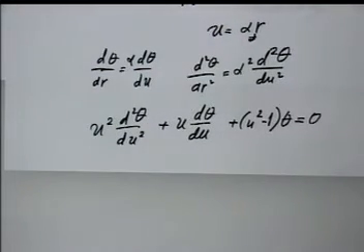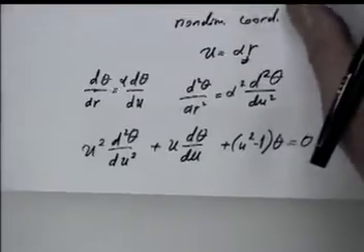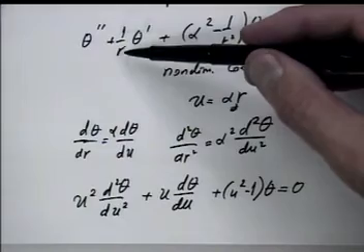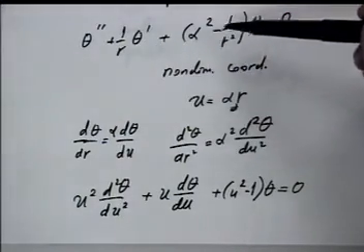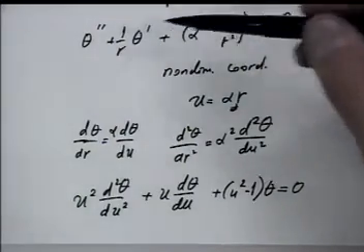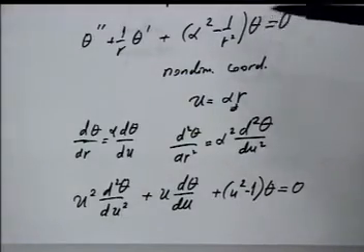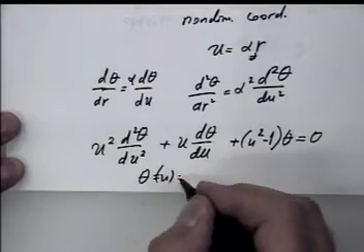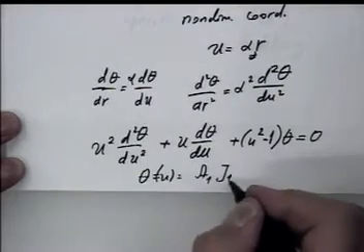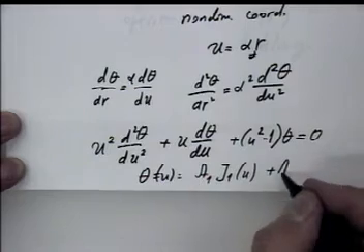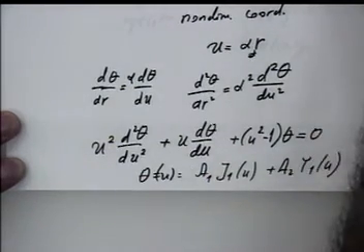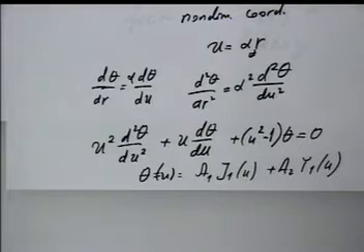So we got this equation, which is naturally a Bessel equation. Immediately we recognize 1 over r plus something squared minus 1 over r squared. It is a Bessel equation. Therefore, theta of u equals A1 J1 of u plus A2 Y1 of u.